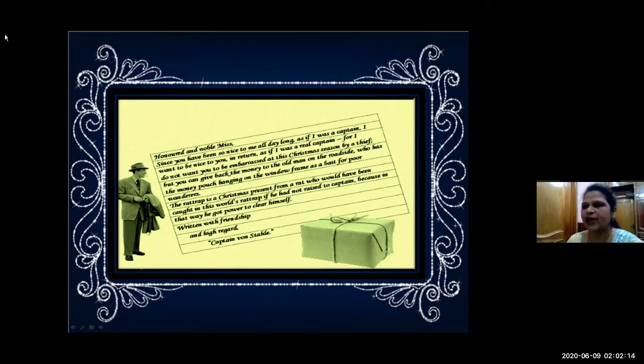But you can give back the money to the old man on the roadside, who has a money pouch hanging on the window frame as a bait for the poor wanderers. The rat trap is a Christmas present from a rat who would have been caught in this world's rat trap if he had not been raised to captain, because in that way he got power to clear himself. Written with friendship and high regards, Captain von Stahle.